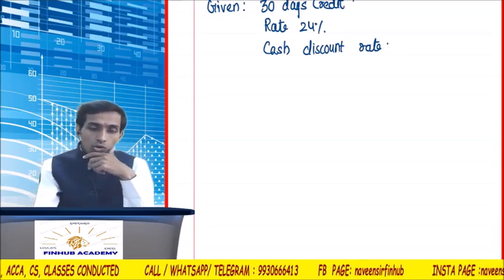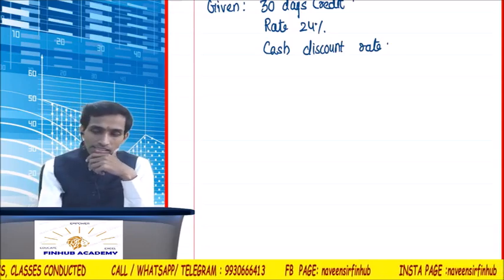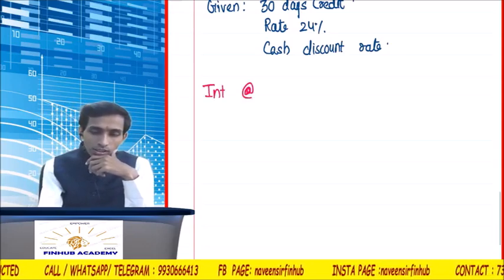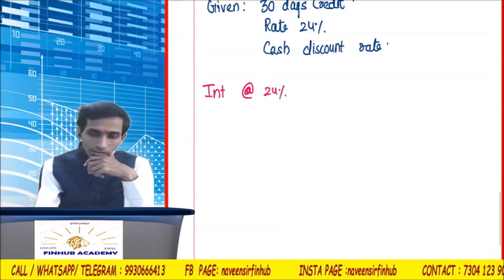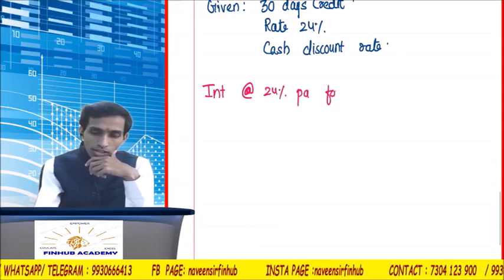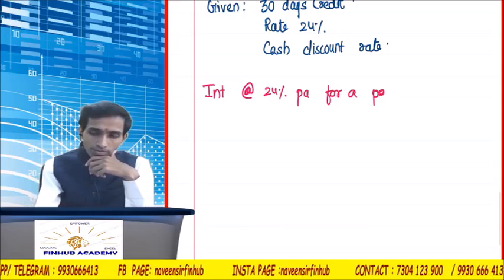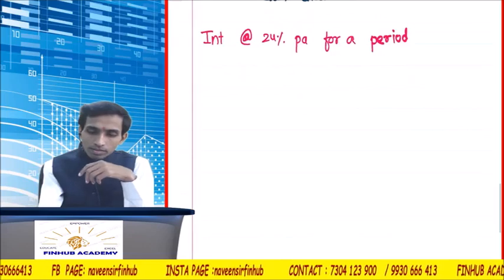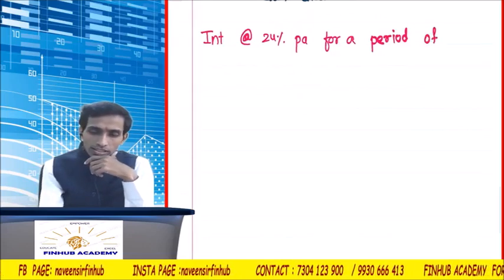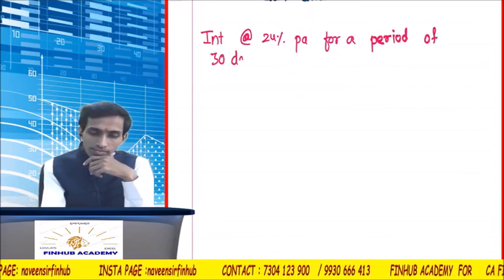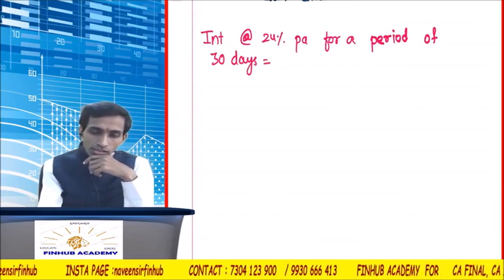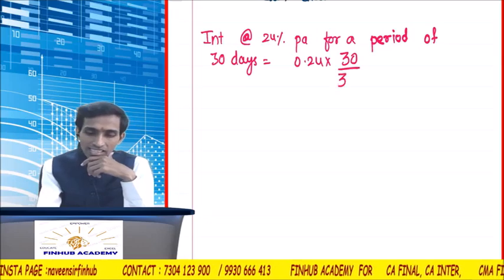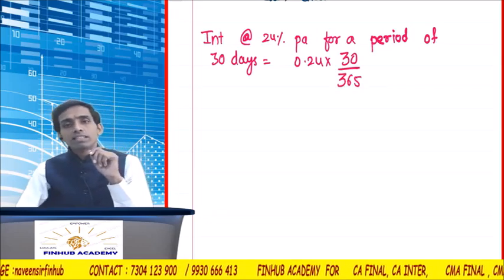Okay. So interest at the rate of 24% per annum for a period of 30 days is equal to 0.24 multiplied by 30, and I will take 365 to get the precise answer.